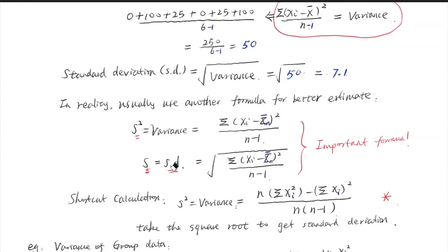S for standard deviation, because S is the square root of the variance. So if you square that, you get back the variance. That's the reason you see here, S square is the variance, and S itself, what do we call? Standard deviation. I hope it's clear, everybody.